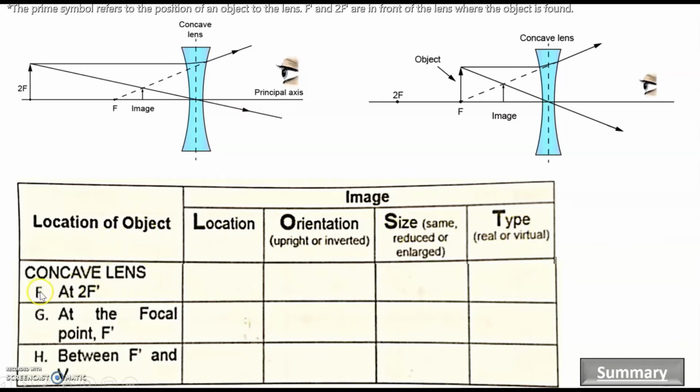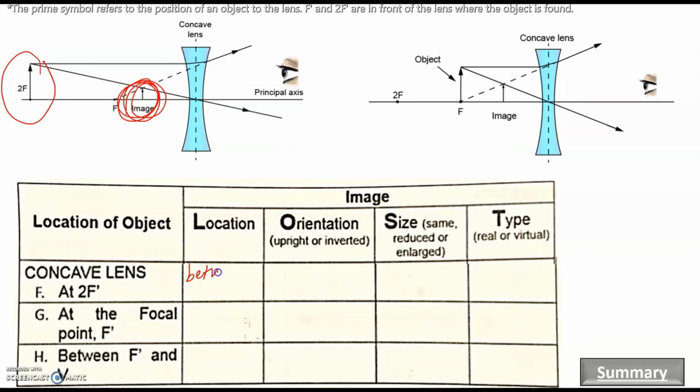So let's take a look at letter F first. Location of the image is at 2F, so this one here. Let's take a look at the first diagram. This one here is our object placed at 2F and the image is here. This one here, this is the image. So let us now write the location of the image.